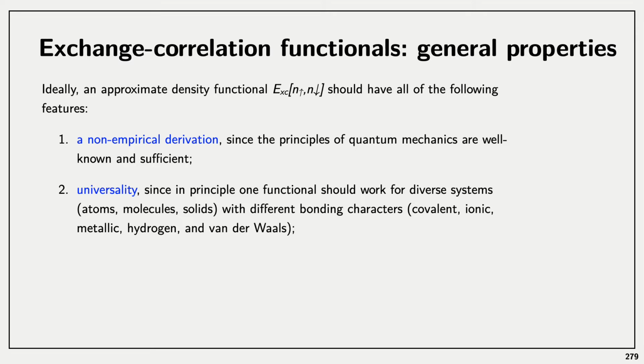So you need to use different parameters each time. For the exchange correlation functionals, I like to insist on this: when we say LDA, we use LDA for everything. It can be atoms, different types of solids, metals, covalent, ionic. We really always use the same given functional, and we do not fudge the numbers depending on the particular material we look at. That's what we call universal.